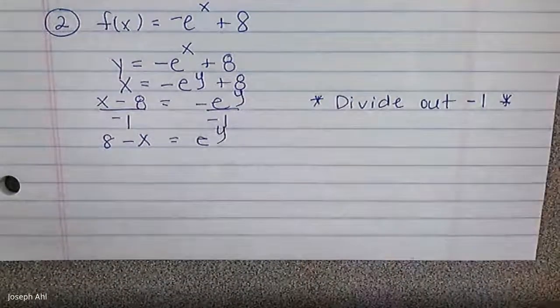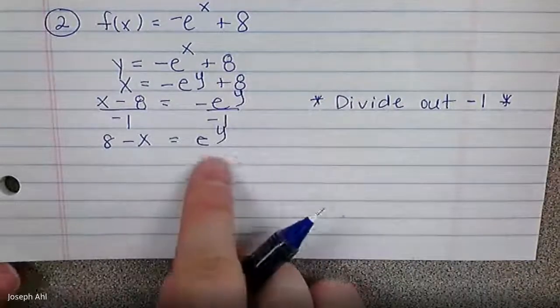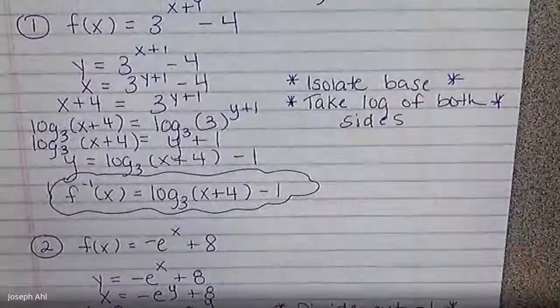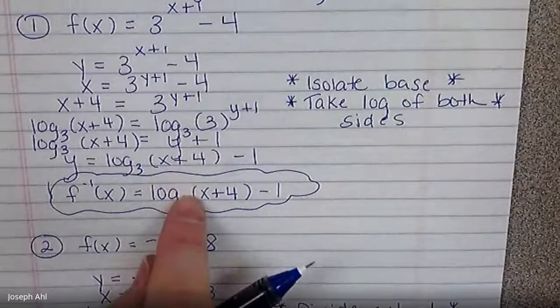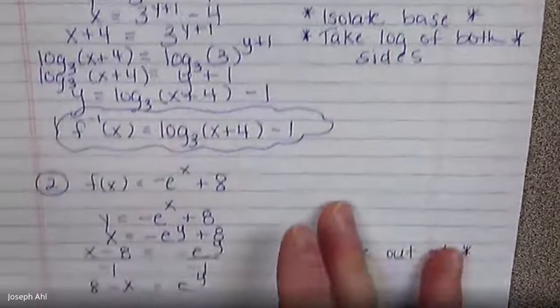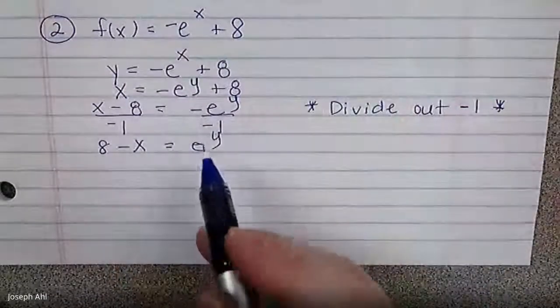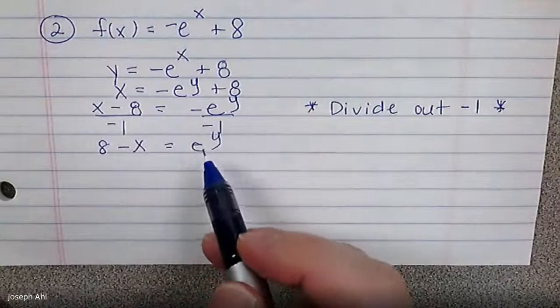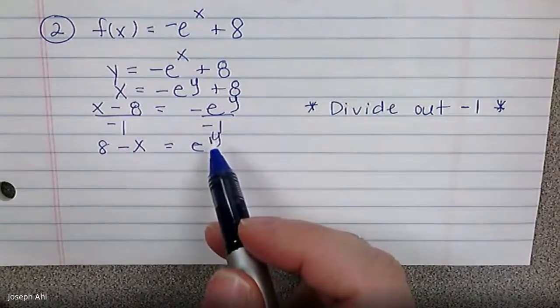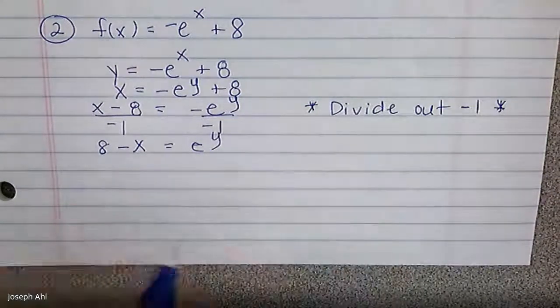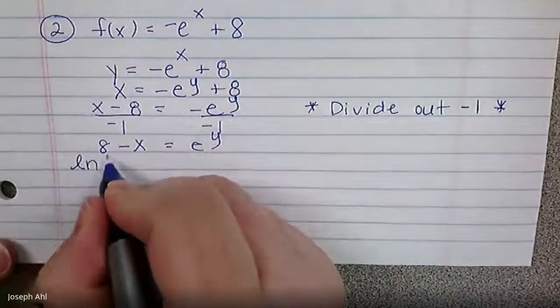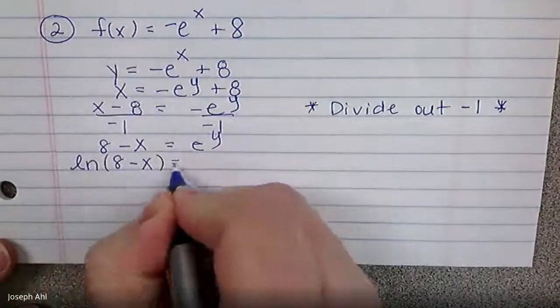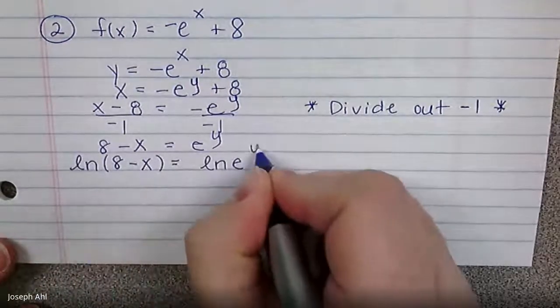Good. Now we're up to the step that the base is isolated. And if I think about taking the log of both sides, I'm not going to just use log base 10 or log base 3. Let's be smart about our choice and think about what log base is the inverse of the function e to a power. And because e is the natural exponent, of course, we have the natural log, ln, that you can use on both sides.